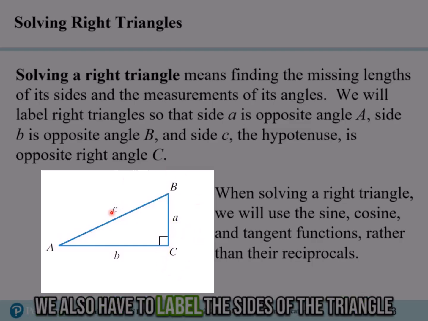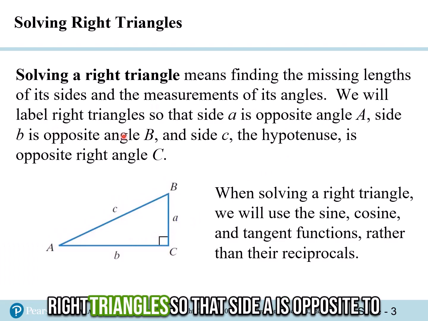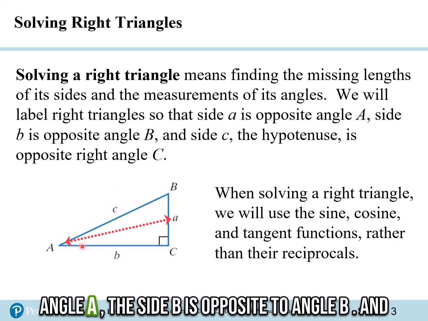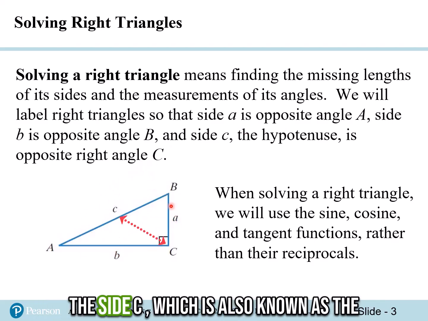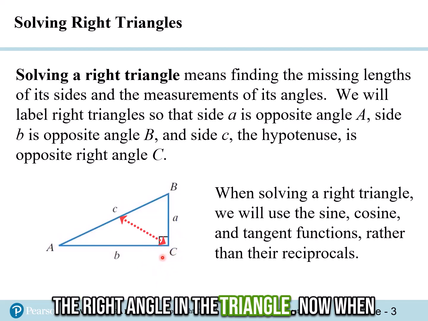We also have to label the sides of the triangle with the correct notation. So we will label the right triangle so that side A is opposite to angle A, side B is opposite to angle B, and side C, which is also known as the hypotenuse in a right triangle, is opposite to the right angle in the triangle.